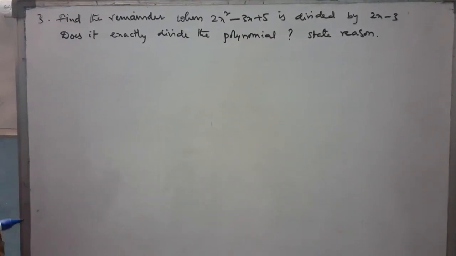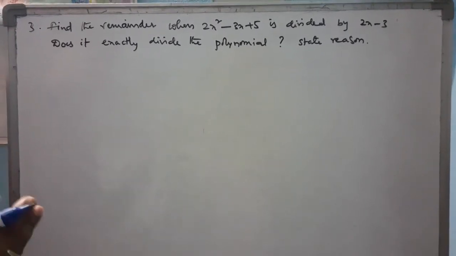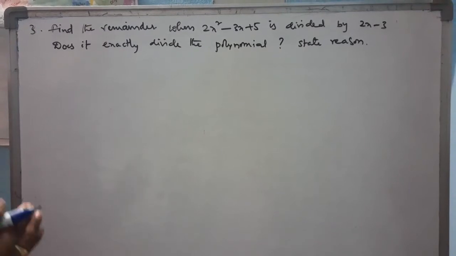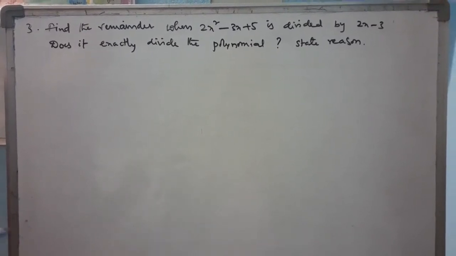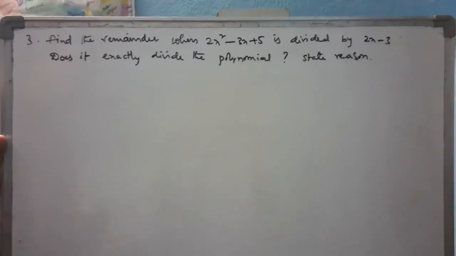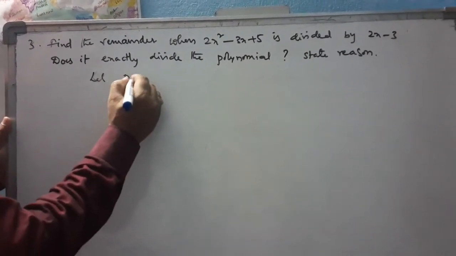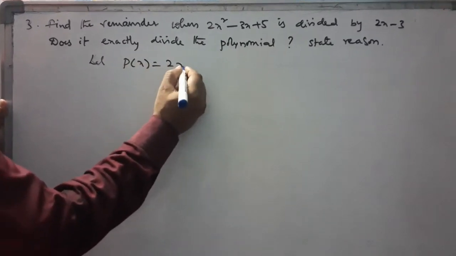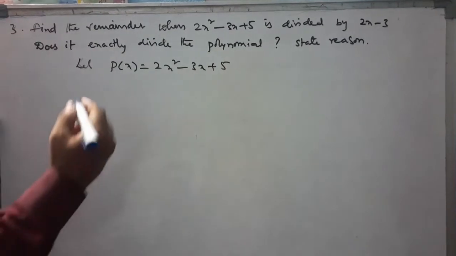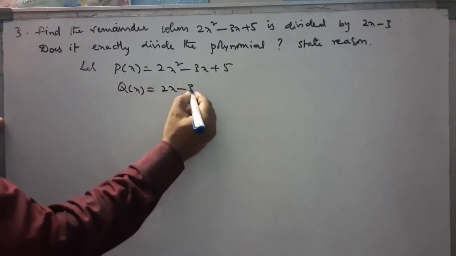So third problem, find the remainder when 2x square minus 3x plus 5 is divided by 2x minus 3. Does it exactly divide the polynomial? State reason. So first of all, we have to find the remainder. So let p of x be equal to 2x square minus 3x plus 5 and q of x equal to 2x minus 3.